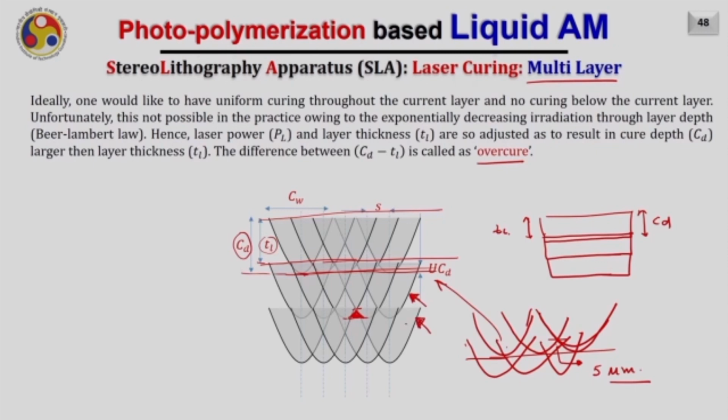This overcuring, represented by CD minus TL, is approximately 5 microns. So this distance CD minus TL is usually less than 5 microns, so that your uncured region can be accommodated. So with this, thank you very much.